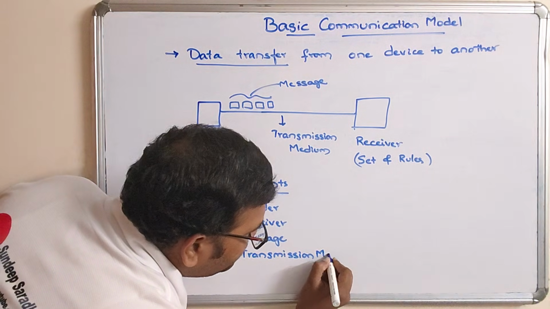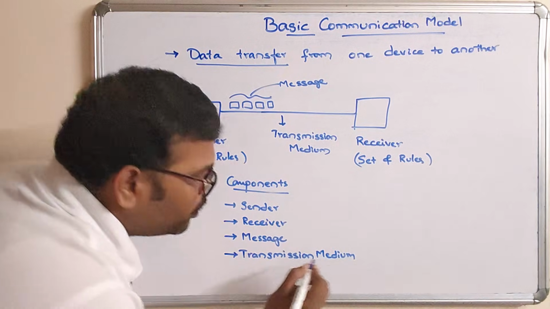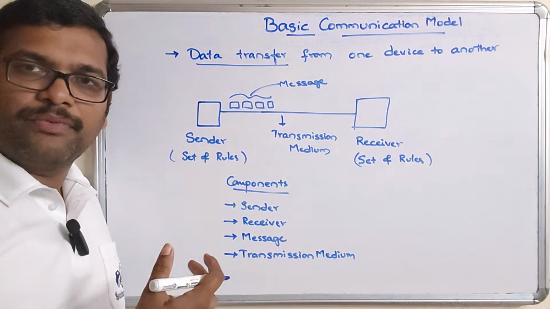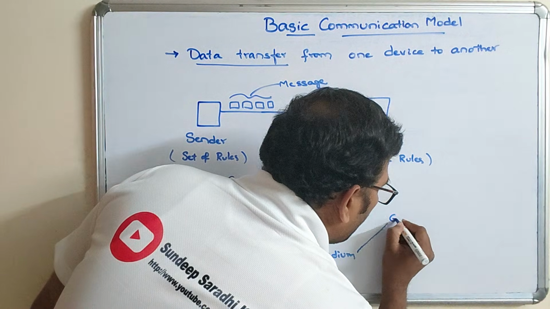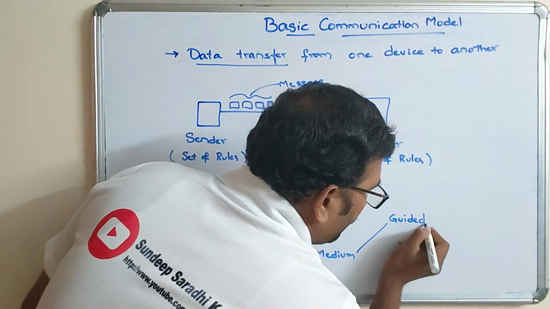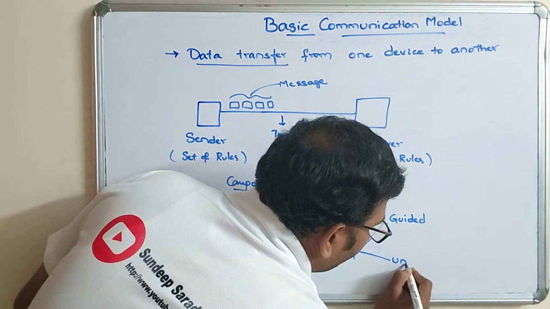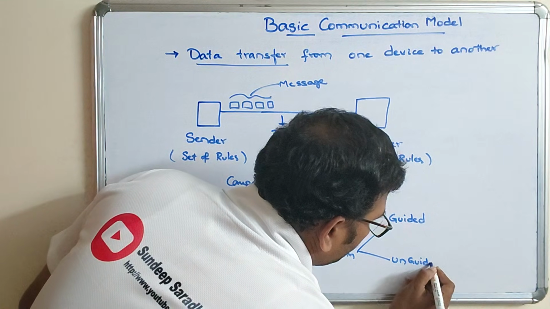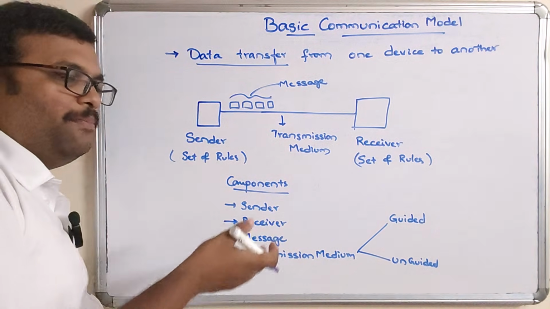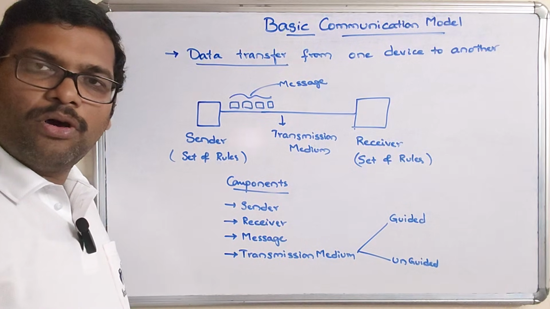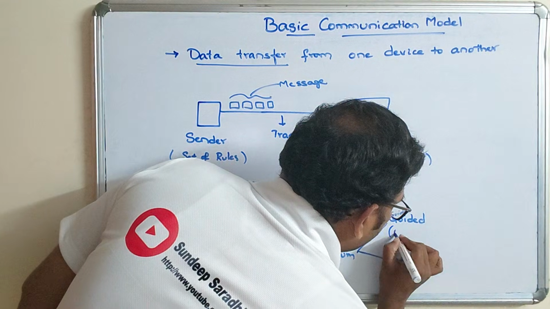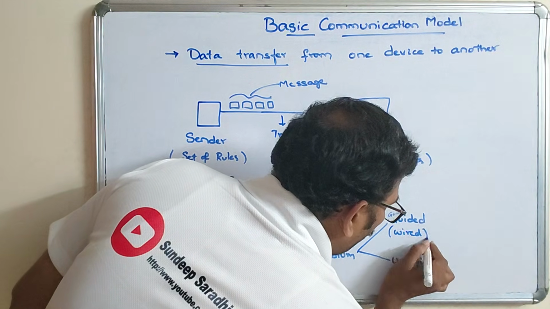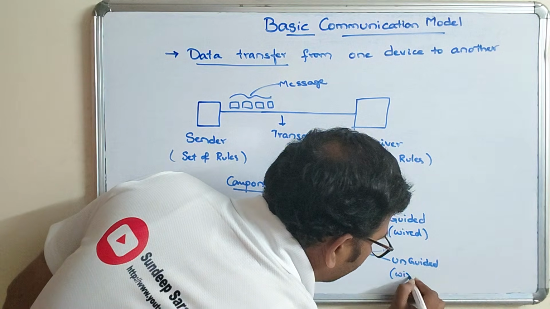Transmission medium means that through which the data is transferred from sender to receiver. The transmission medium can be guided transmission or unguided transmission. Guided means it is wired, using some wires, and unguided is wireless.